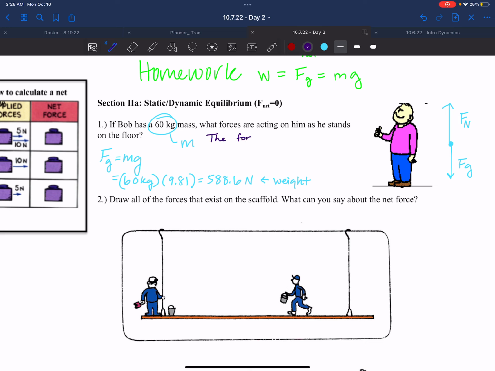So the force of gravity and the normal force act on Bob, both magnitudes, and notice I say magnitudes because I'm not focusing on positive or negative, are 588.6, I'm going to round to 589 newtons. Okay, let's move on to the next one.